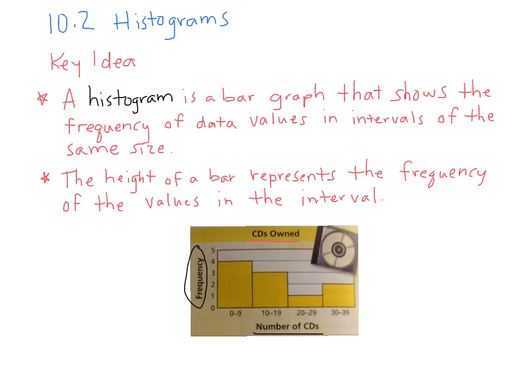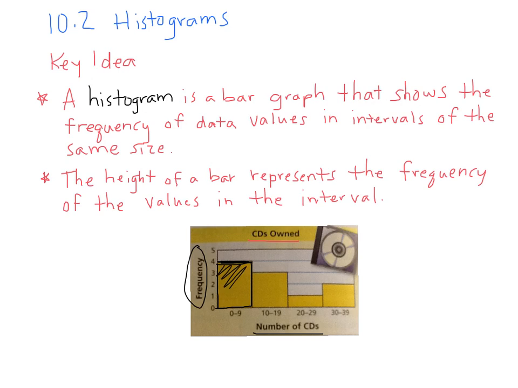Let's say a survey was taken in a classroom, or part of the 6th grade, asking how many CDs do you own? Between 0 and 9 CDs were owned, and the frequency of that was 4. So 4 people had between 0 and 9.